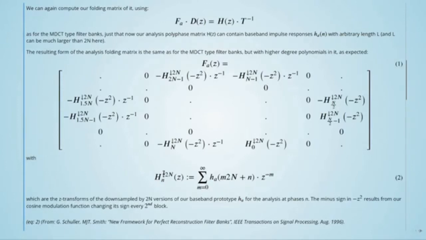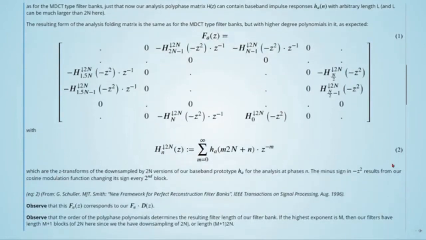And here we have the z transforms for the analysis at phase N. And the minus sign in minus z to the power of 2 results from our cosine modulation function changing its sign every second block.